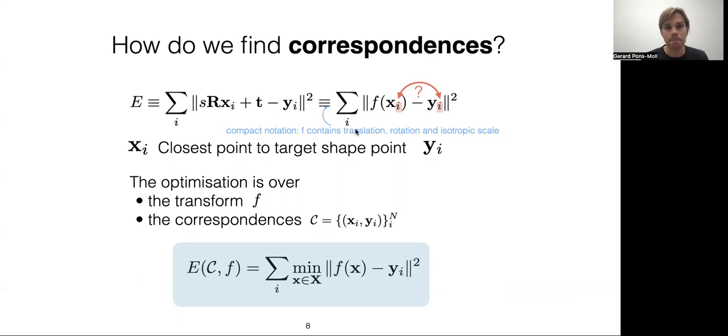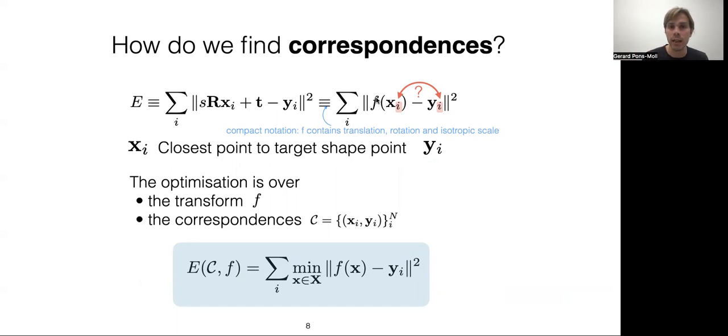And so now we're going to change the notation a little bit. Instead of having this rigid transformation, we're going to use a broader class of transformations, which will be denoted as f. Okay, f is a function that takes x and maps it to some x prime, right?